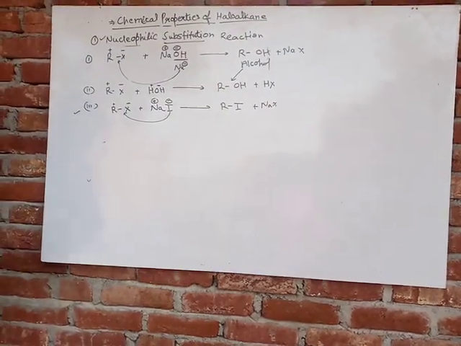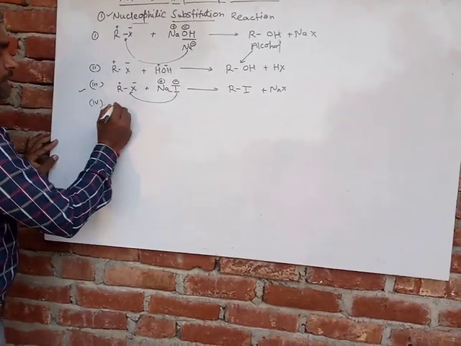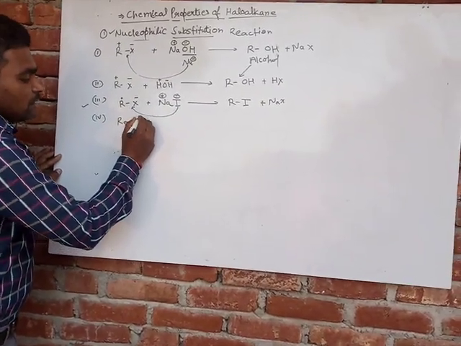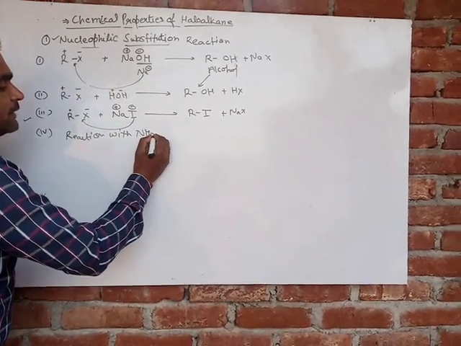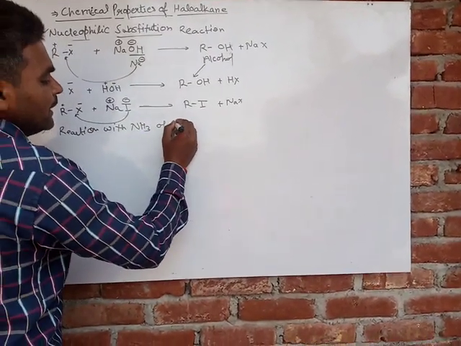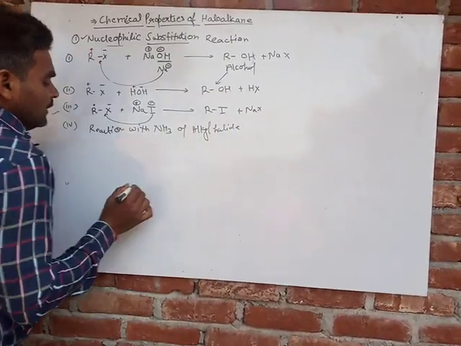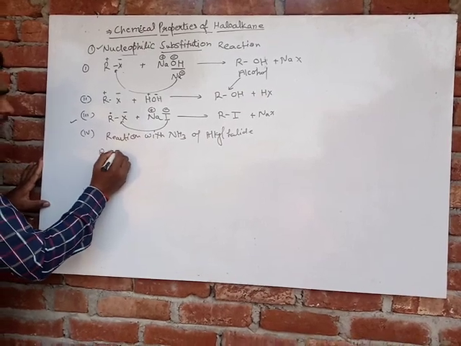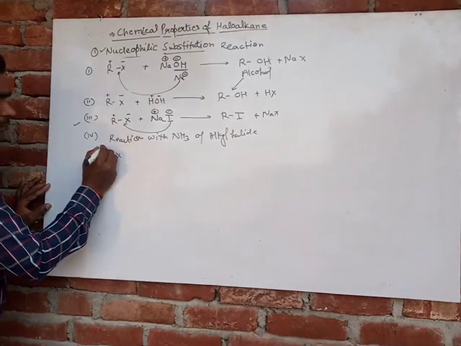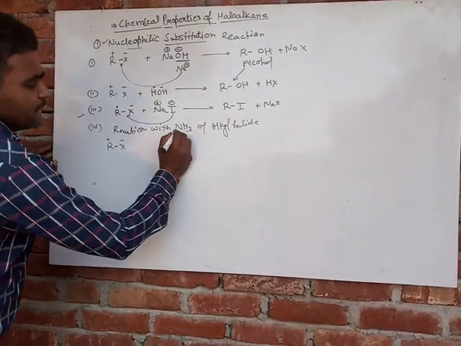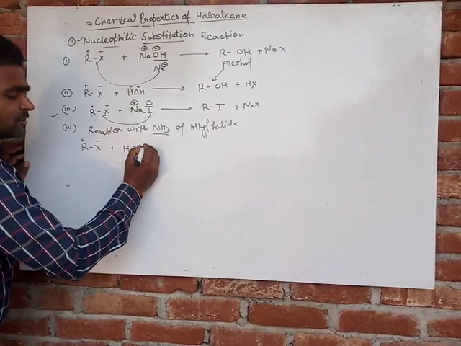And now the most important reaction is the reaction of alkyl halide with ammonia, NH3. Here RX is the alkyl halide, R plus and X minus, and NH3 is here written as H-NH2.